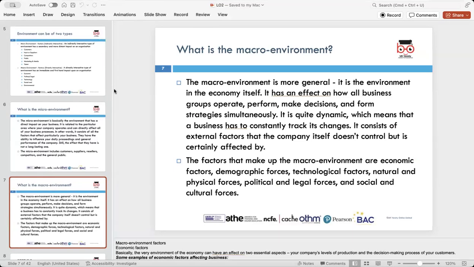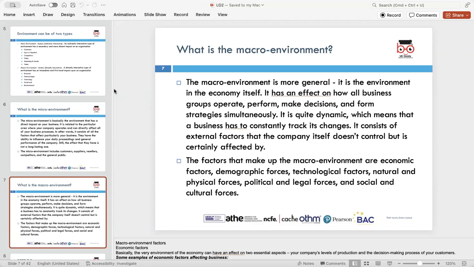The macro environment encompasses a wider scope, including the environment that exists outside the functioning of the company itself. It has an impact on the management performance, decision making, and strategy making process of all businesses at the same time. So, considering how dynamic it is, it is imperative that a company always keep a close eye on how it is evolving.